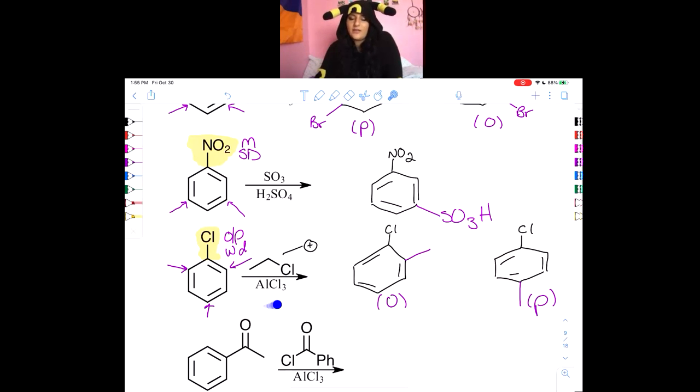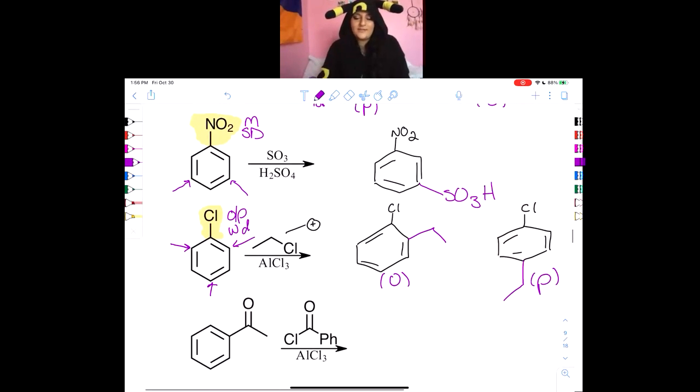This is an alkylation, so we're only going to add the carbon chain. Oh, you're so right. I forgot to draw a carbon. Yes, we do have two carbons. Thank you.